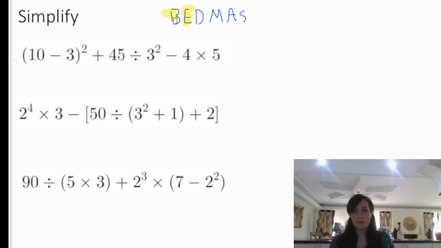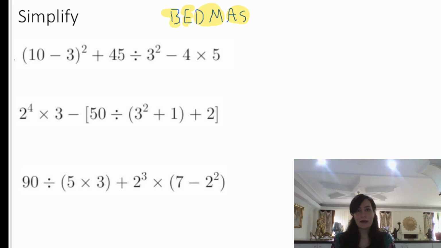So B stands for bracket or parentheses. E stands for exponent or power. D and M, I put both of them together because they are in the same order. D stands for division, M stands for multiplication, A stands for addition, S stands for subtraction.